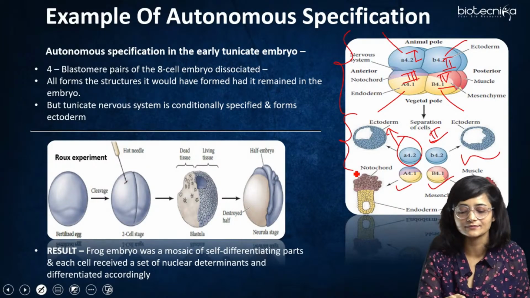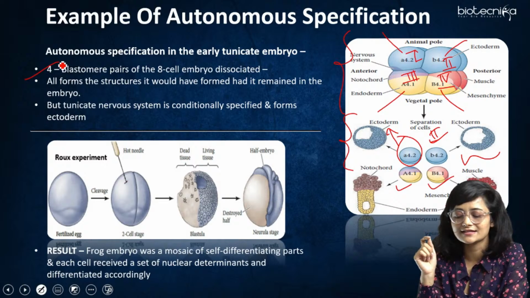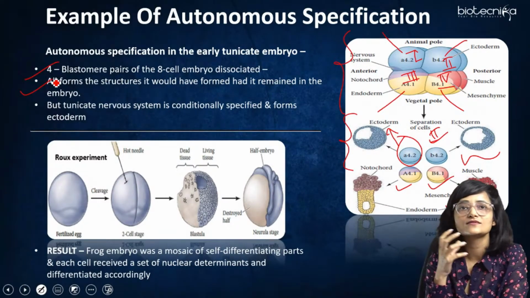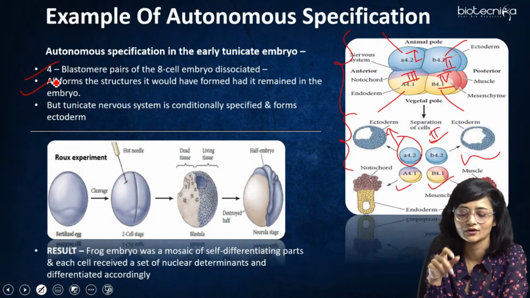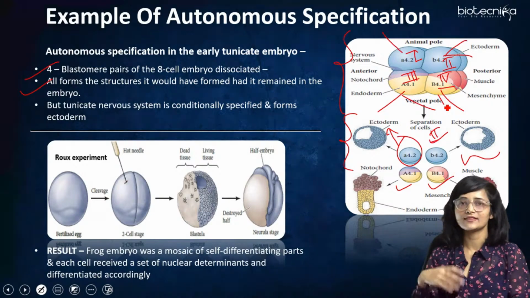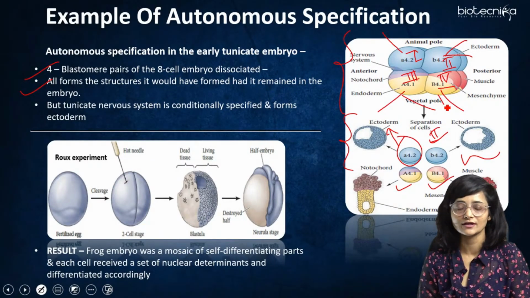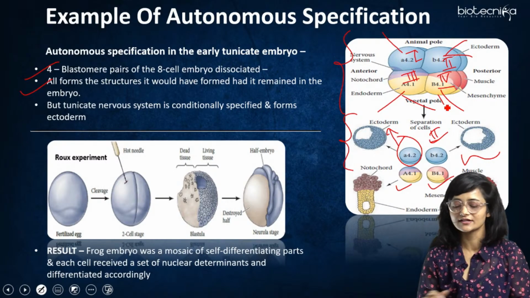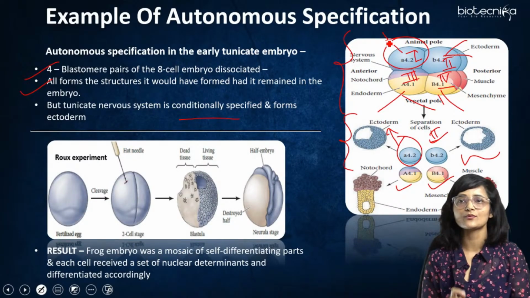So what is it basically telling here? It says that the 4 blastomere pairs of the 8-cell embryo are dissociated, right? Secondly, all form the structures they would have formed had they remained in the embryo. So the different cells form the same structures when isolated as they were forming inside the blastomere. But the tunicate nervous system is conditionally specified, right? So this cell is conditionally specified, so it depends upon the external factors.